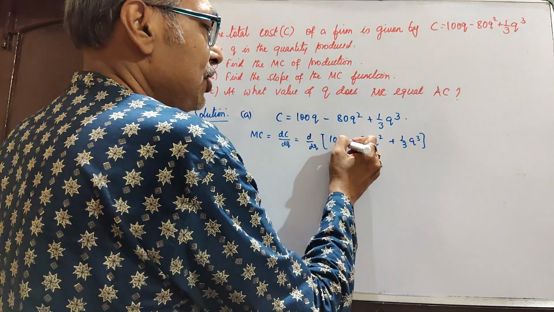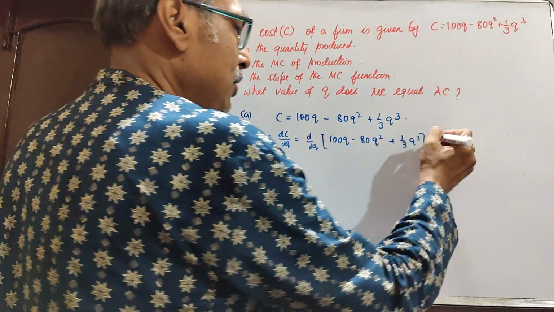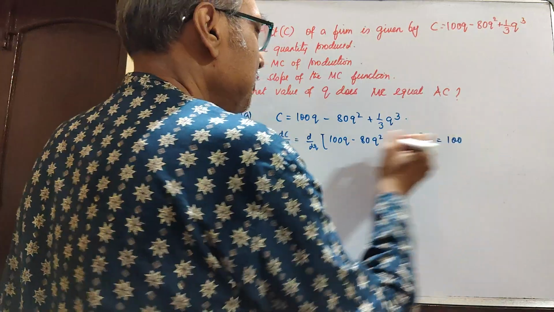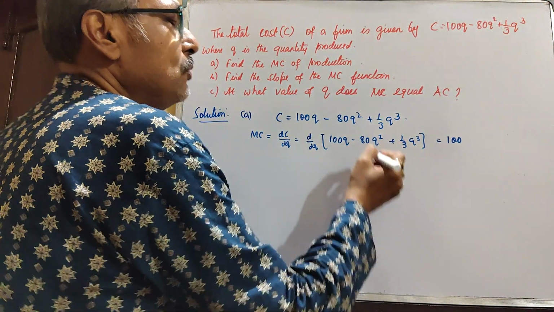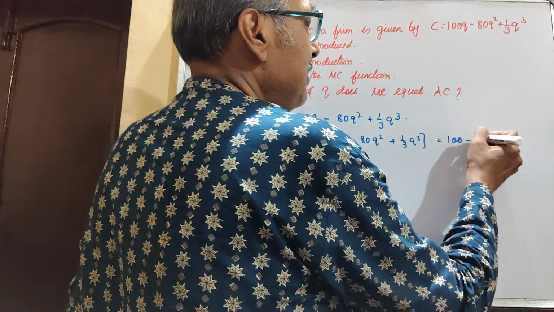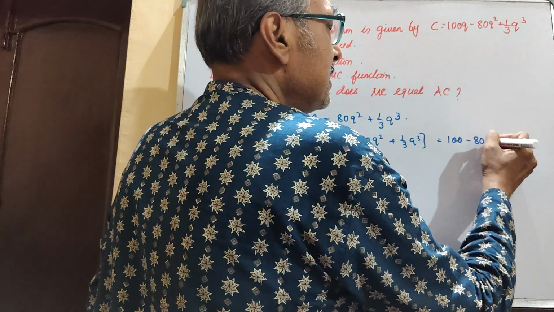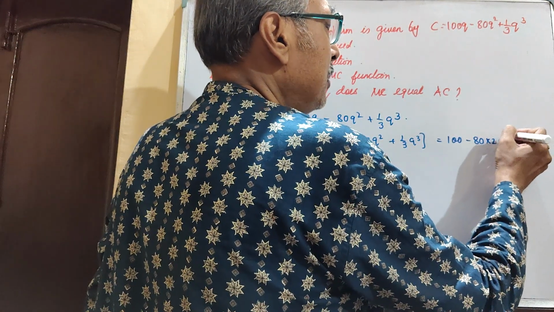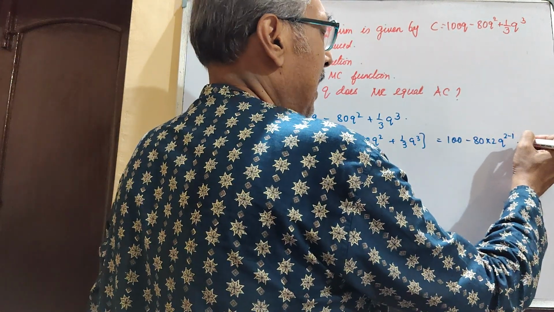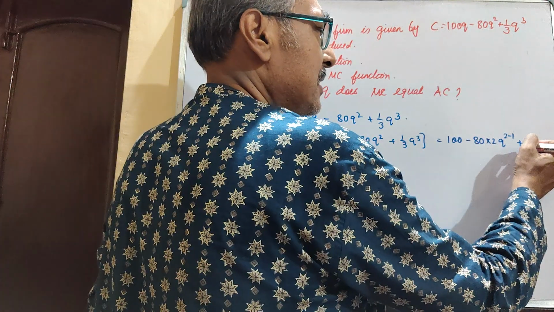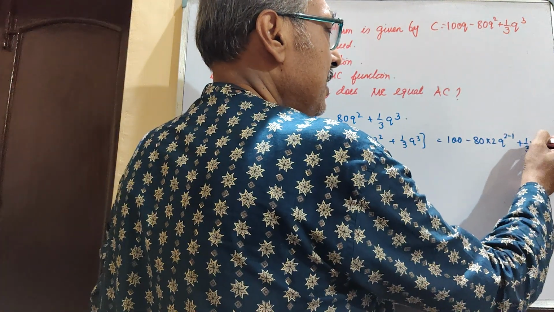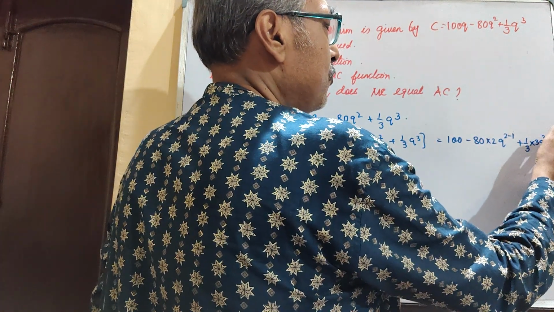Now we differentiate 100Q with respect to Q, it becomes 100. Then minus 80, Q squared comes here, Q to the power 2 minus 1, then plus 1 by 3 is a constant term into 3 Q to the power 3 minus 1.